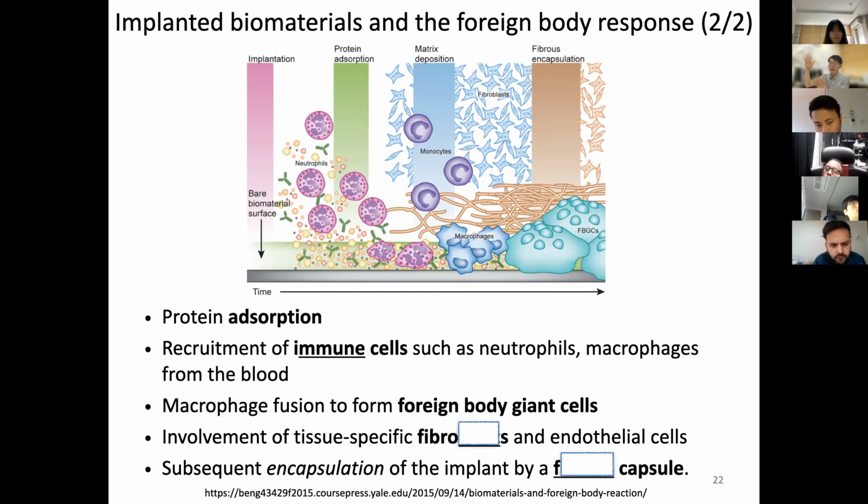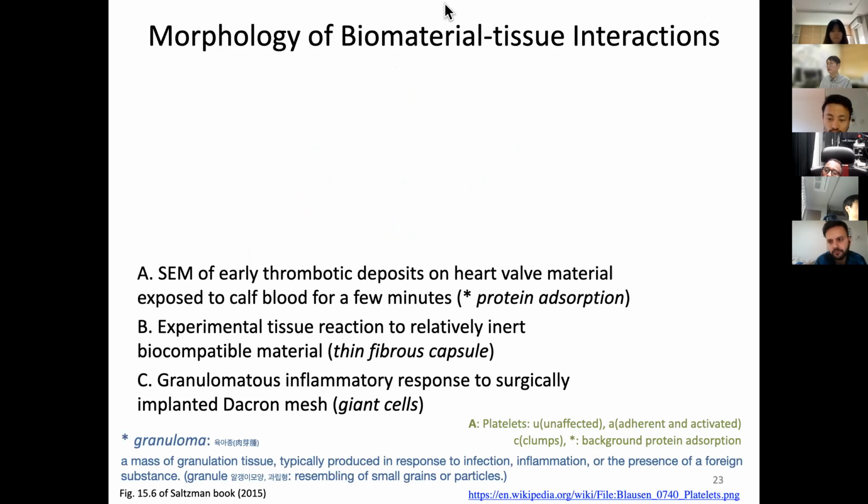And at a later stage, tissue specific, fibroblasts come in, and also endothelial cells, and try to encapsulate the implant with a fibrous capsule. So I hope this is clear to you.